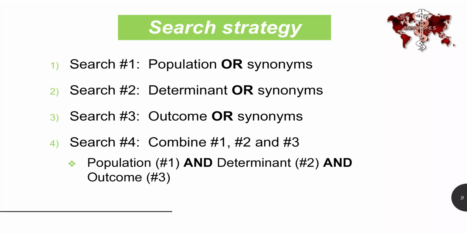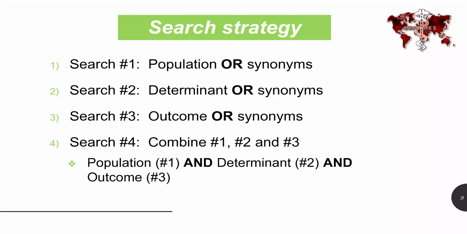Now this is a hypothetical question. You don't have to go into whether it's a legit question or not. I'm just trying to explain what population, determinant and outcome mean. So in this example, our first component would be the population, tuberculosis patients, or whatever synonyms you can find.